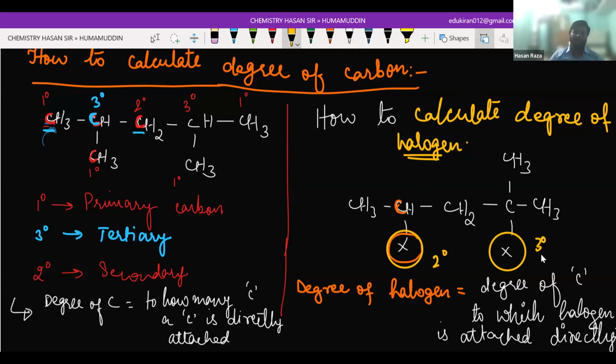You just need to calculate the degree of carbon to which this halogen is attached, and this is how you calculate the degree of halogen. And you know what, in the next chapter, that is alcohol, it is also the same way to calculate the degree of alcohol as well. At the place of halogen, if it is alcohol, we follow the same rule. Is that clear? Yes.